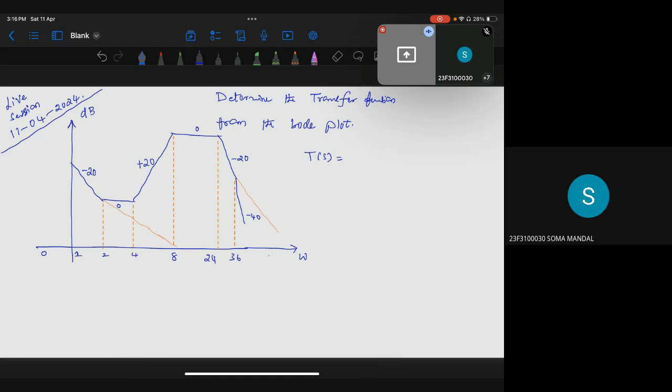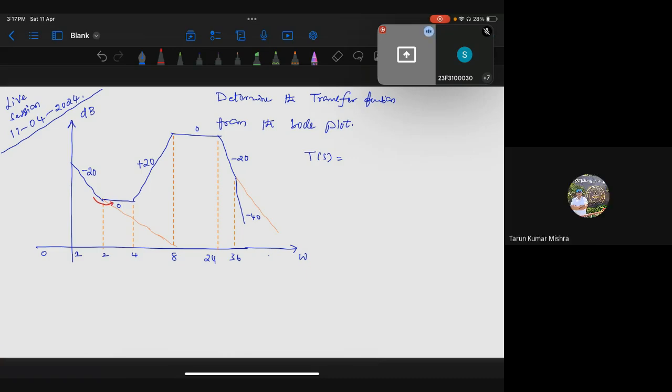Okay, so based on the slopes, we will write. Tell me here, what is the slope change from here to here?